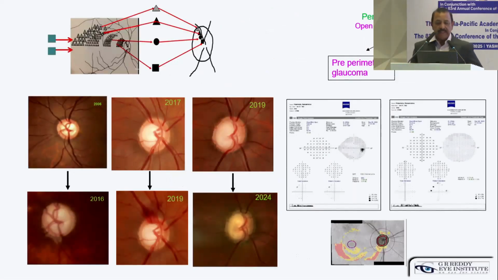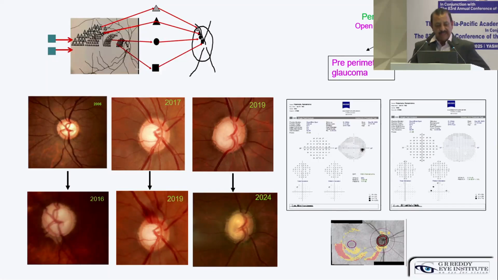And this is the case of pre-perimetric glaucoma, with a strong family history or IOP on the slightly higher side. If you see the 3 cases, the discs are looking almost similar, but suspected glaucoma. In the first case, it was told as a physiological cup, and in 2016 she came in an advanced stage.